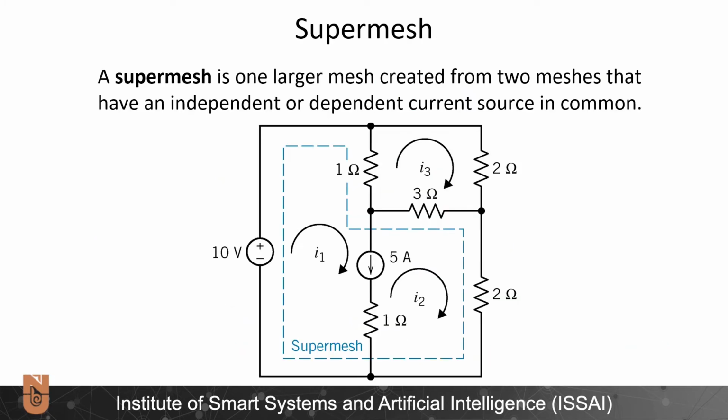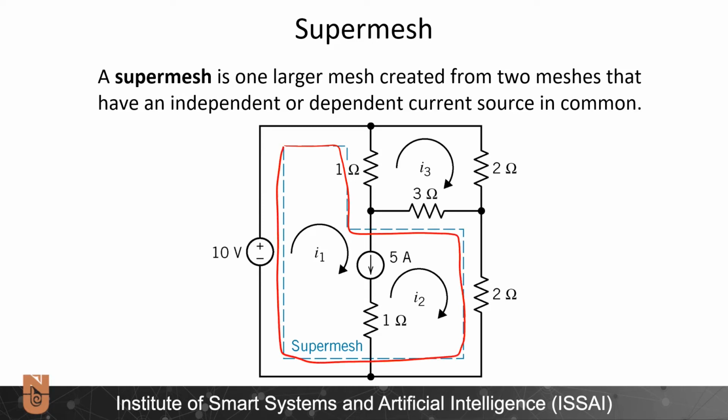Similar to the supernode concept in node voltage analysis, we also have the supermesh concept. A supermesh is one larger mesh created from two meshes that have an independent or dependent current source in common. Here we have this current source of 5 amperes, which is shared by the mesh 1 and mesh 2, and therefore I can create the supermesh, which is a combination of those two meshes.